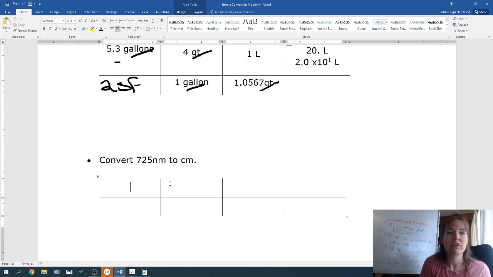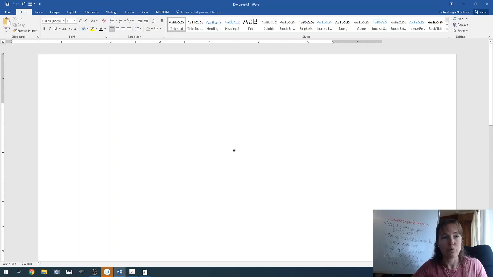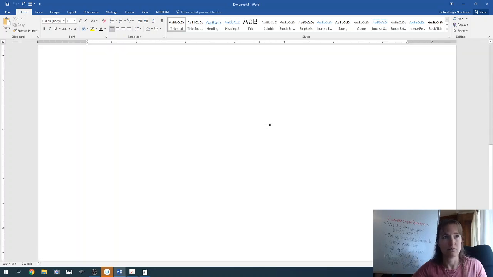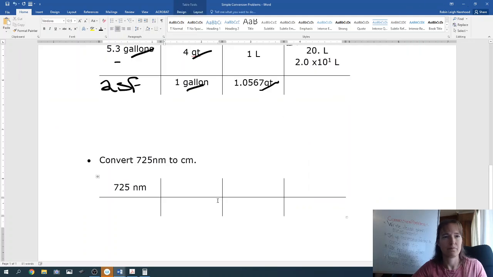So here I have 725 nanometers, so that's about a wavelength in the visible light spectrum. And so 725 is our measurement, so we want to write down that measurement first. And our first conversion factor is going to get rid of nanometers. And so you want to write down what you know nanometers means, and you want to convert it to meters, the base unit. So there's 2 ways to look at it.